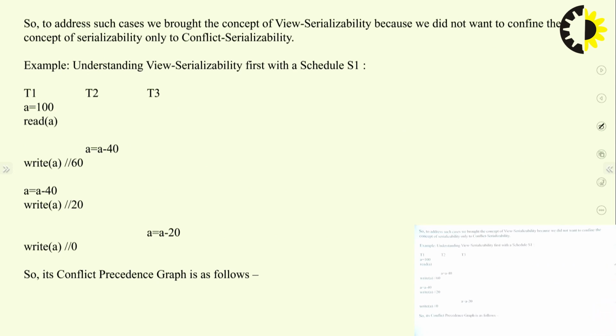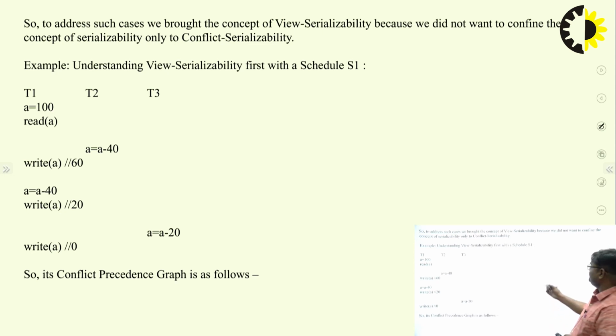To address such cases, we got the concept of view serializability, because we did not want to confine the concept of serializability only to conflict serializability. To understand view serializability, we have mainly these three transactions T1, T2, T3.